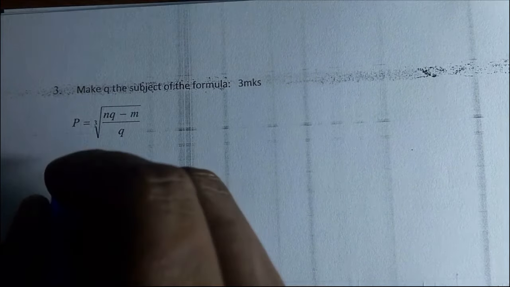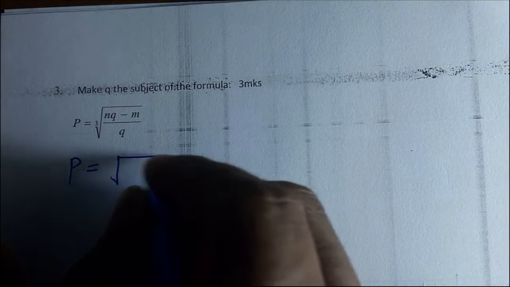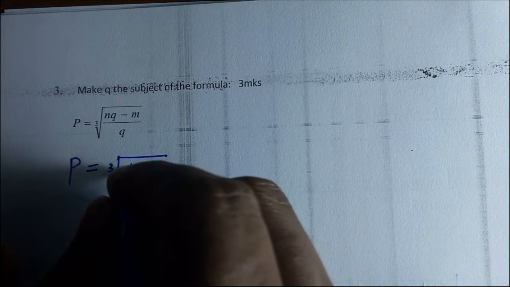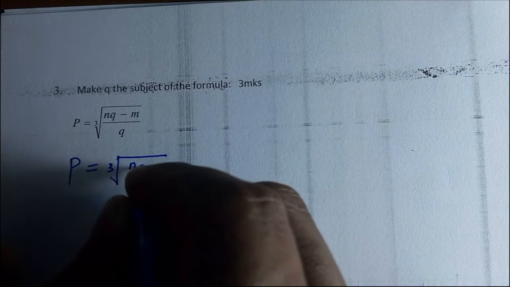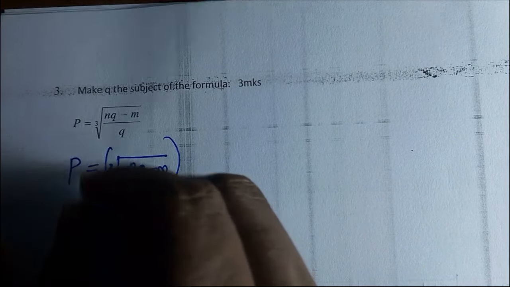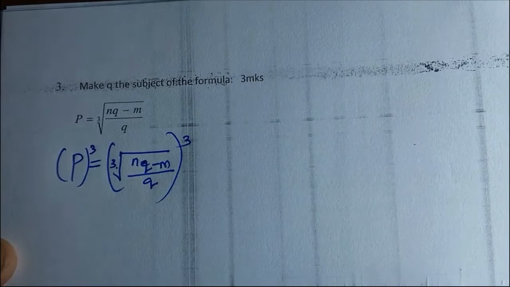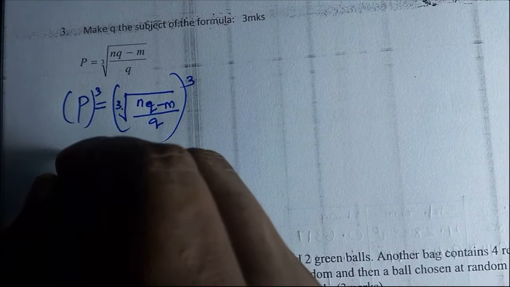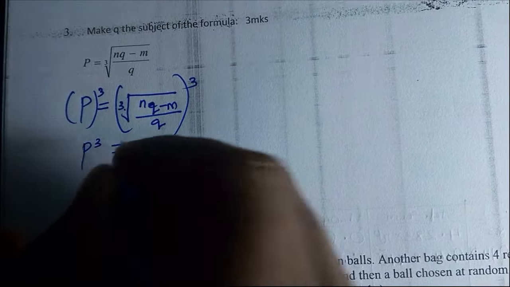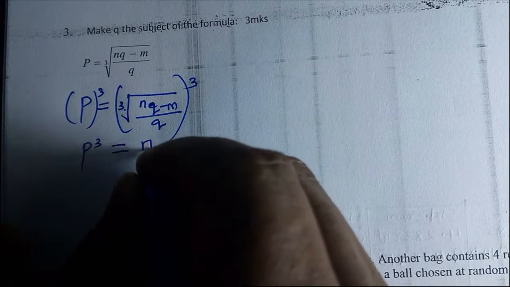So this is P is equal to the cube root of (nq minus m) over q. To remove this cube root, you cube both sides. That is the first step. So we will have p cube is equal to, the cube root has disappeared, nq minus m over q.